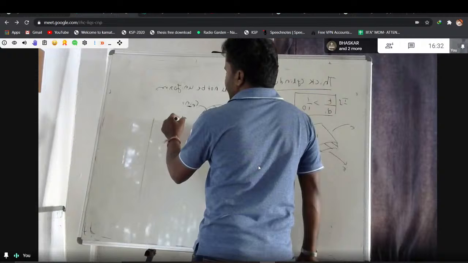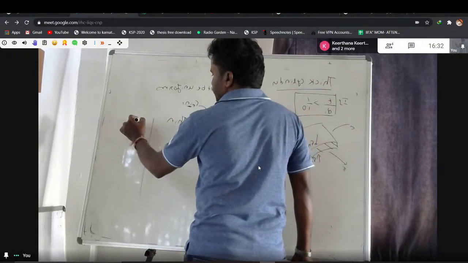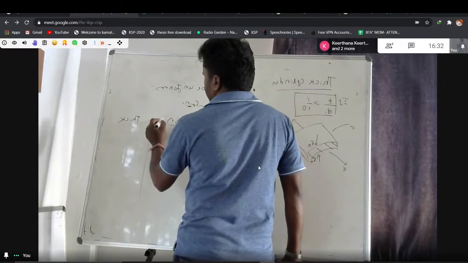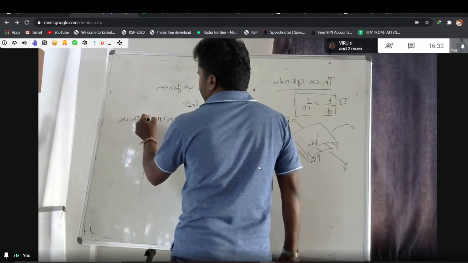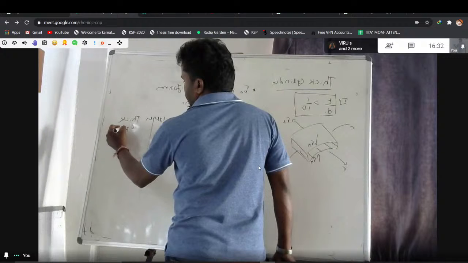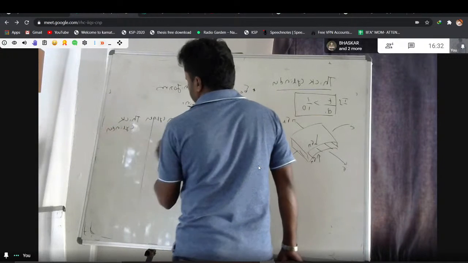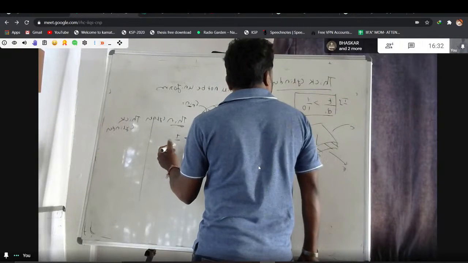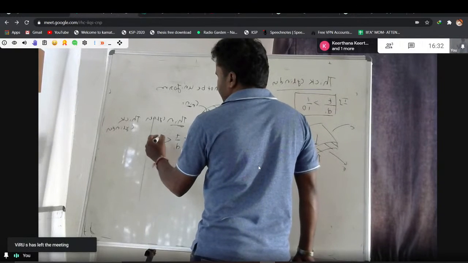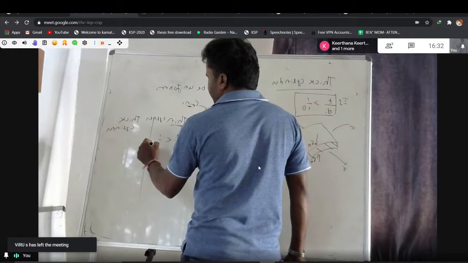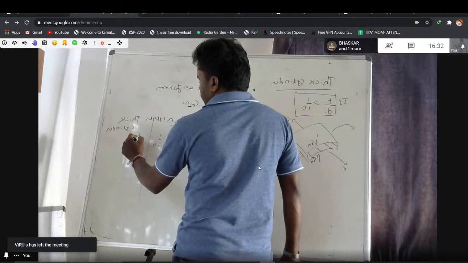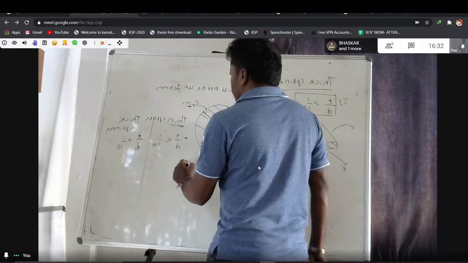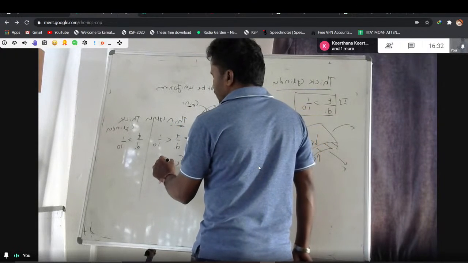So thin cylinder and thick cylinder, what is the difference? The first difference I can write. In the thin cylinder it will be uniform, but in the thick cylinder it is not uniform. The main difference is that here T by Di is less than 1 by 10, and here it is more than 1 by 10. That is one difference. And sigma c is uniform in the thin cylinder.